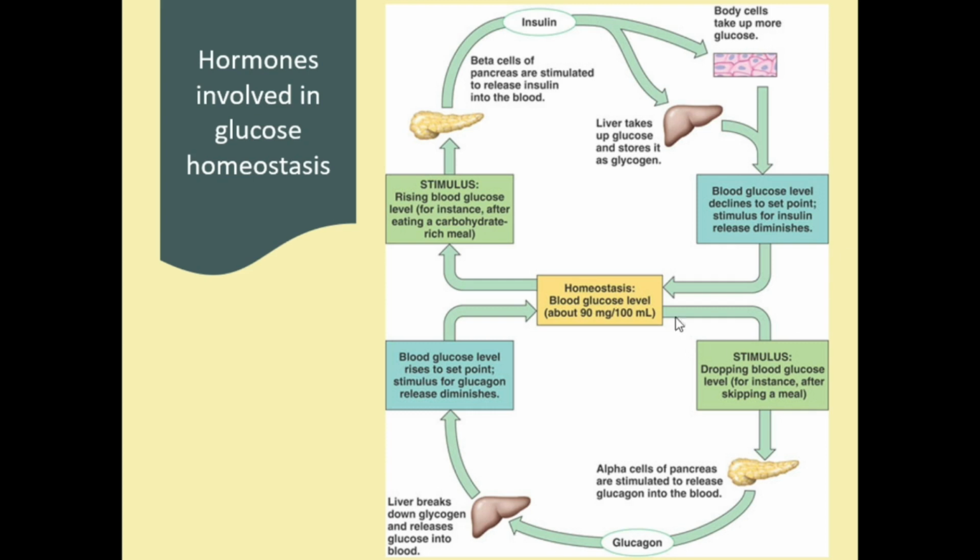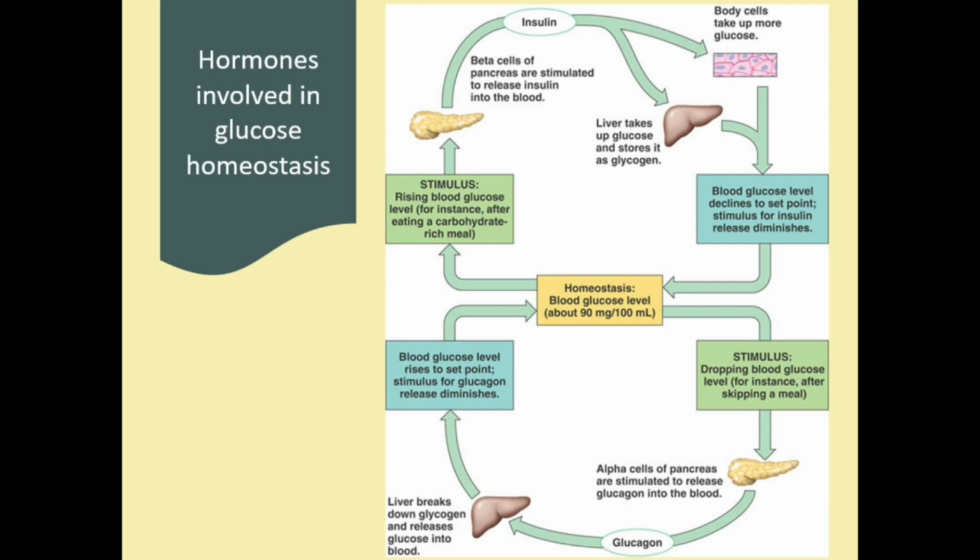Let's follow the bottom part of the diagram first. Let's say we skip a meal. So we're rushing early in the morning or during the day and we miss breakfast, or maybe we miss breakfast and we miss lunch. Well, what will happen then is our blood glucose levels will drop, and this acts as a stimulus.